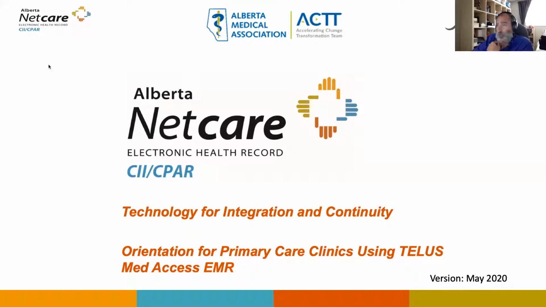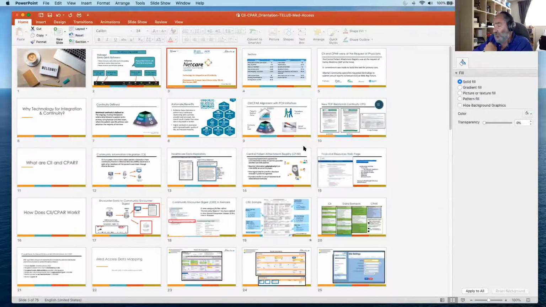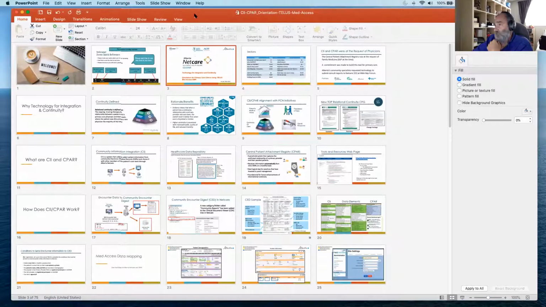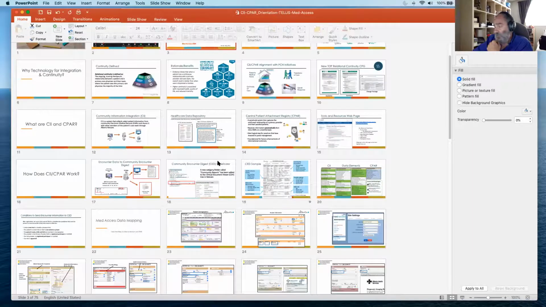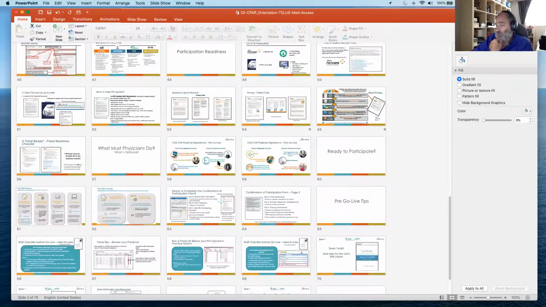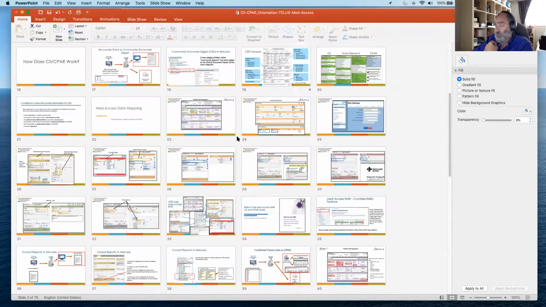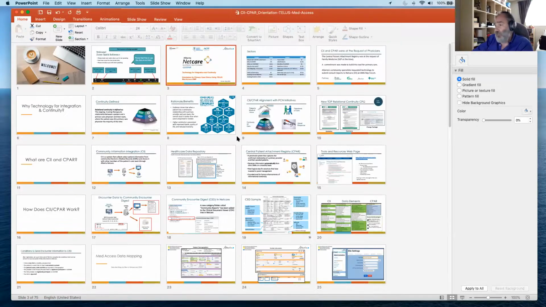Before I get started in the presentation proper though, I'm just going to come off of the presentation view and have a quick look at the slide sorter view because it's fairly big. There's a lot of slides here and a fair amount of information in it. If you're using this, it's probably unlikely that you're going to have time to present the whole thing all at once to your audience.